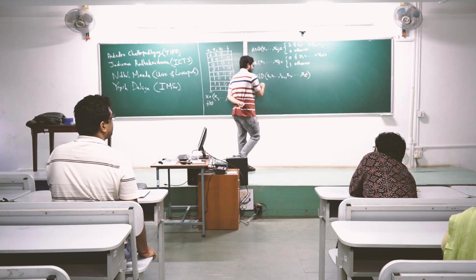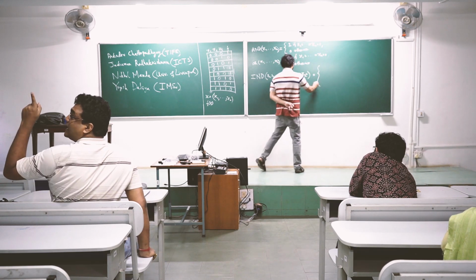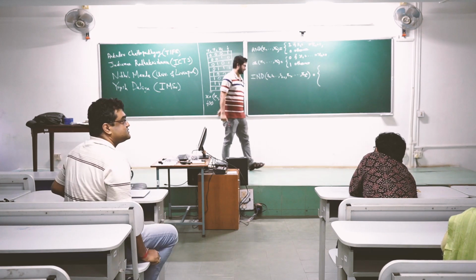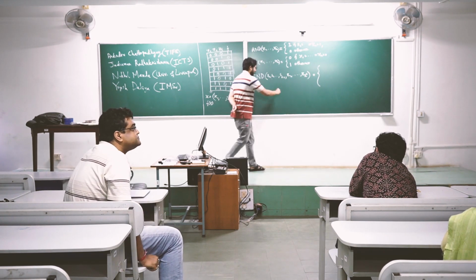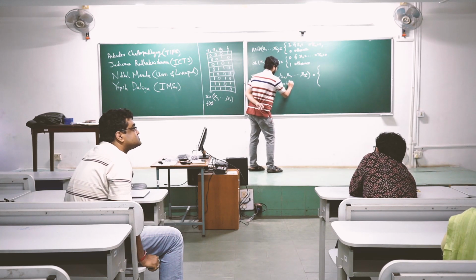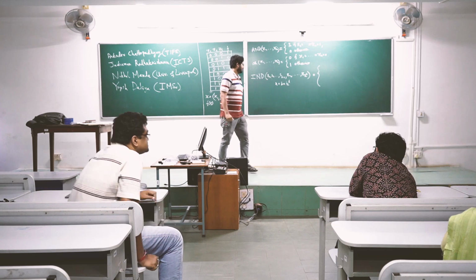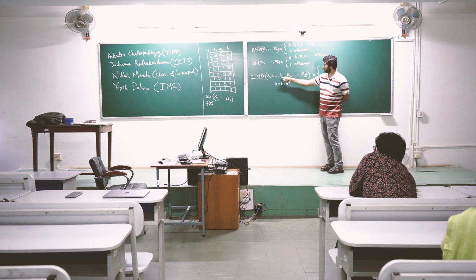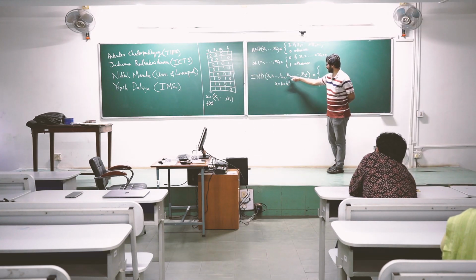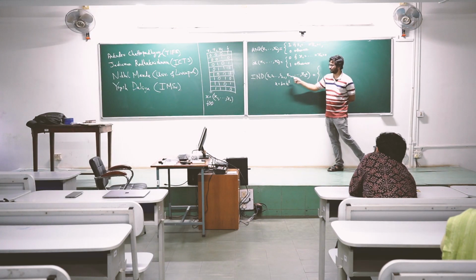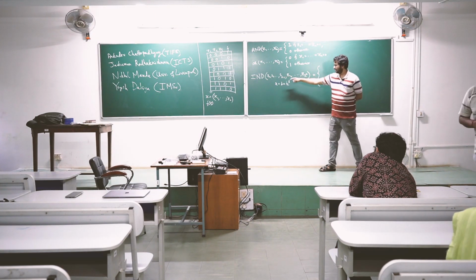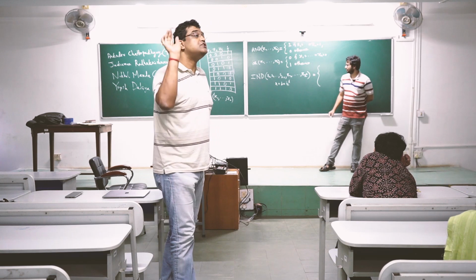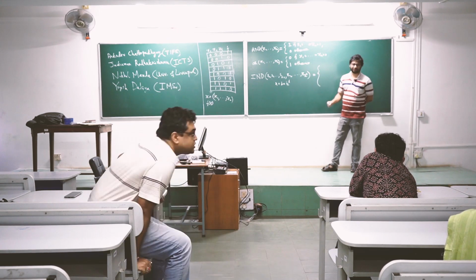Basically, there are k bits s0 through sk minus 1, and then 2 power k bits z1 through z2 power k. So there are k plus 2 power k input bits in total, and its value is the following. The first k bits, the s bits, uniquely pick out one of these 2 power k z's. There are 2 power k combinations for k bits, and so that will serve as an address for one of these 2 power k bits. And the value of the corresponding z bit is the value of the function.